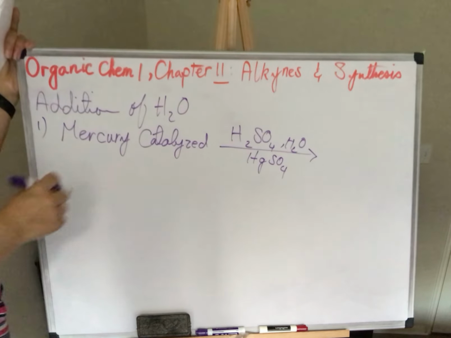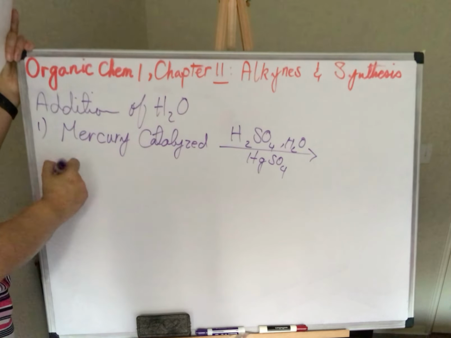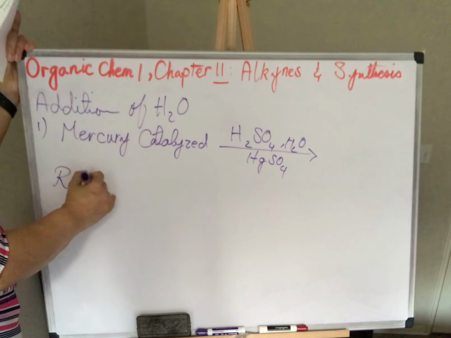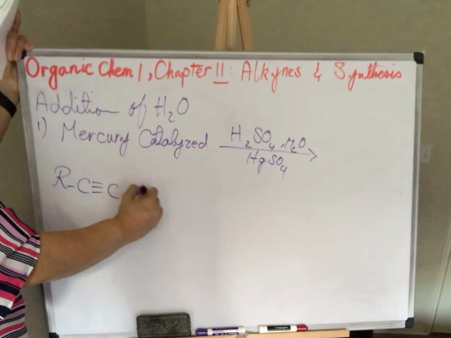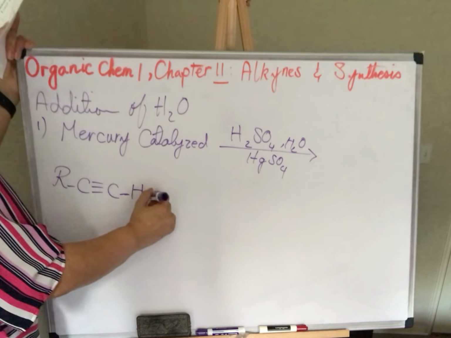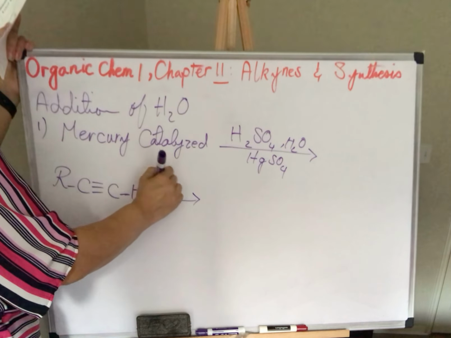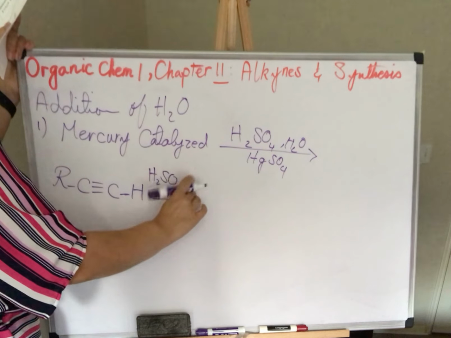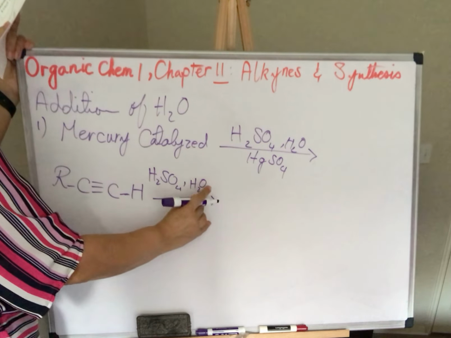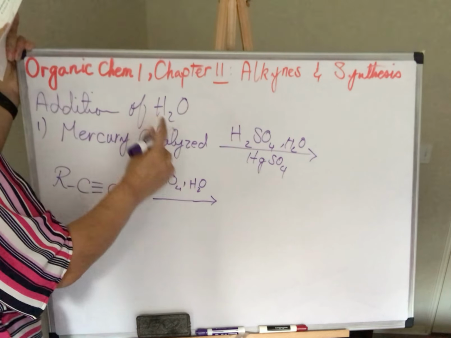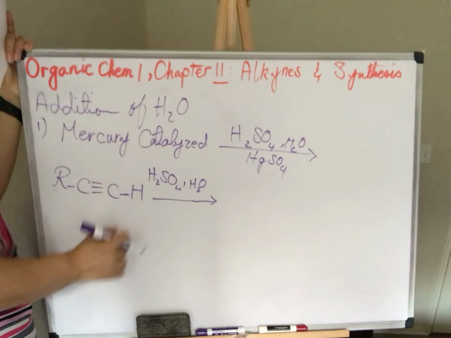Okay, so let's consider we have this alkyne, and we are adding H2SO4 with water. Obviously the acid is your catalyst, but again we are not going to study the mechanism.